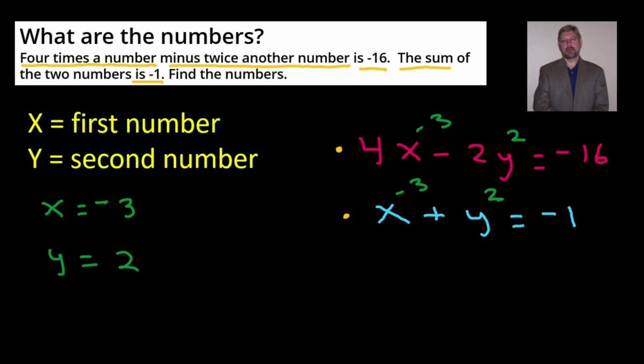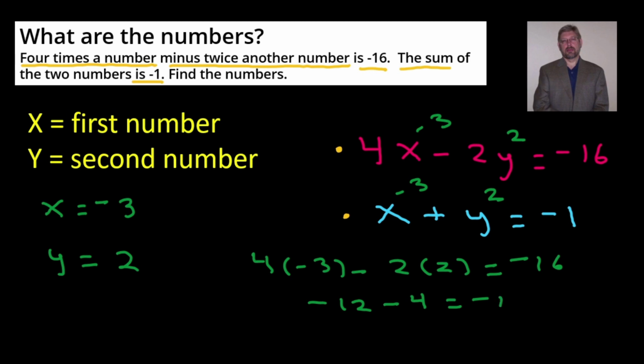So let's do it. 4 times negative 3 minus 2 times 2 is equal to negative 16. And when you do this, you're going to have negative 12 minus 4, and that does equal negative 16.